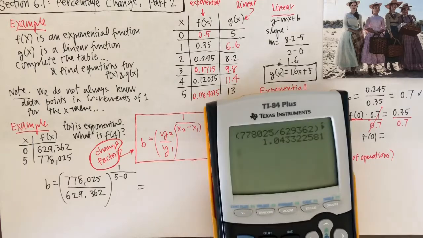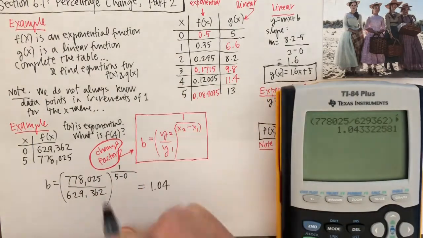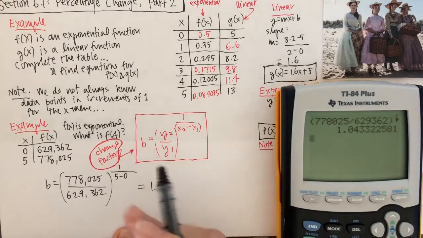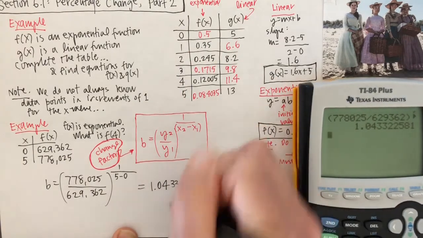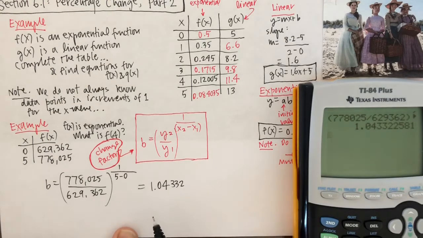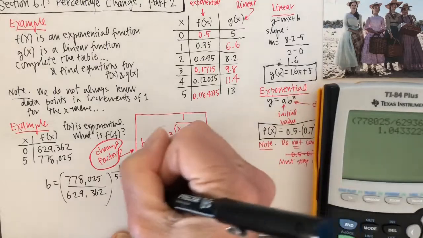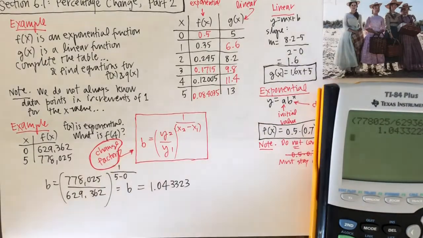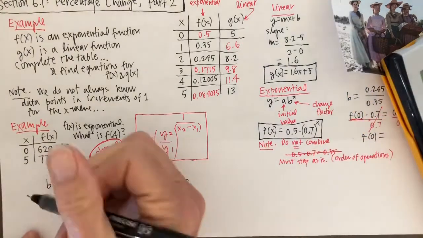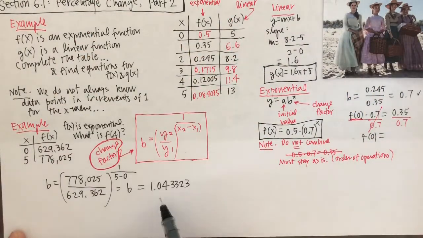Here's my change factor, 1 point, and I'm going to use a lot of decimals here because these numbers are so big that a lot of decimal places are important. 1.043323, we'll say. Okay, this is B. And so in general, this is my change factor.